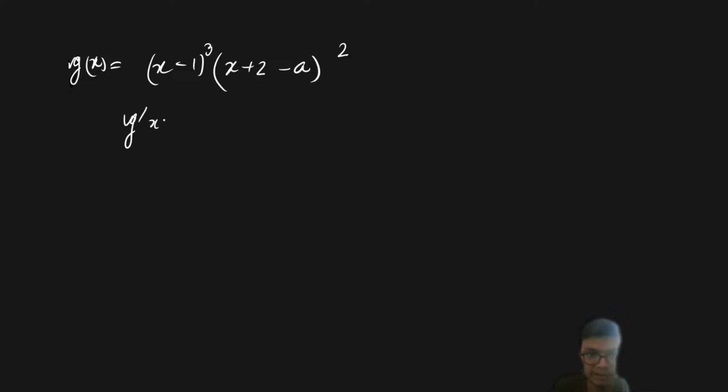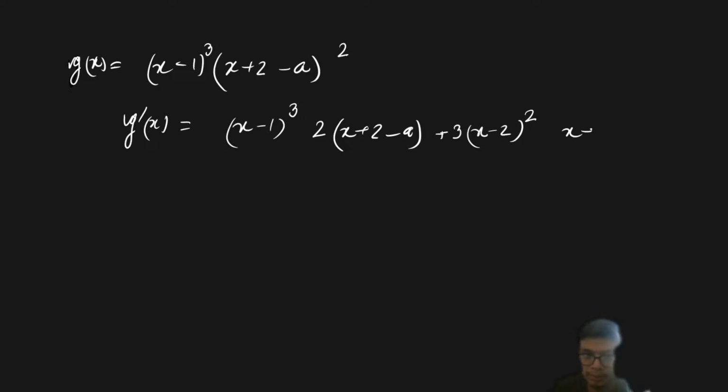If you do the first derivative of it, you are going to get x minus 1 whole cube into 2 times x plus 2 minus a, plus 3 times x minus 2 whole square into x plus 2 minus a. And this particular thing should be less than 0 because it is strictly decreasing.